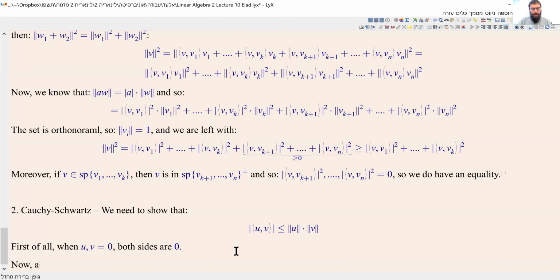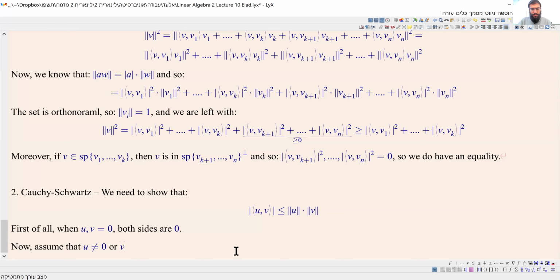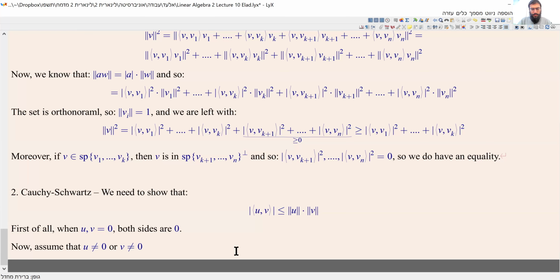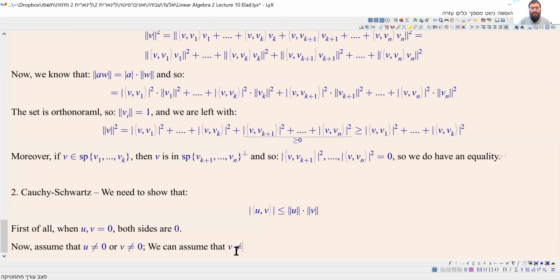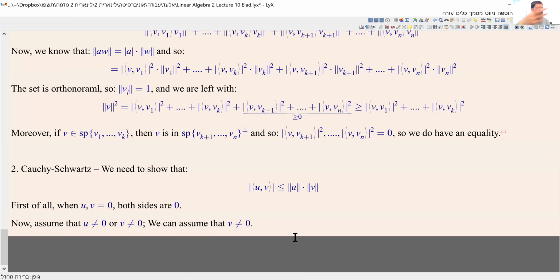Now assume that U isn't 0 or V isn't 0. We can assume that, let's say, V is not 0; the proof for U not 0 is the same, just switch the letters.